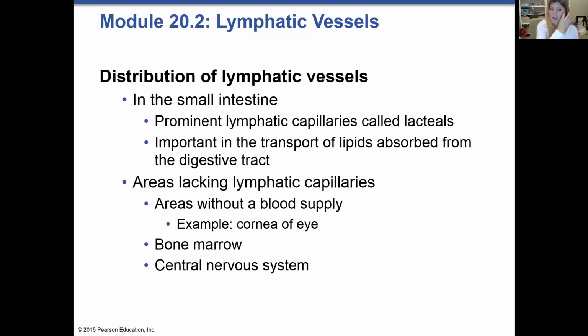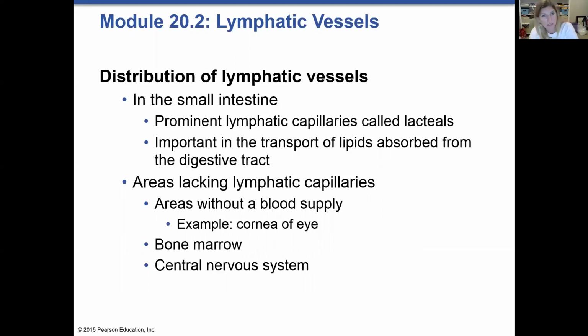So the lymphatic vessels are distributed in the small intestine. They're primarily spread out in the small intestine for the purpose of lipid absorption from our digestive tract. It's a special lymphatic capillary called a lacteal.